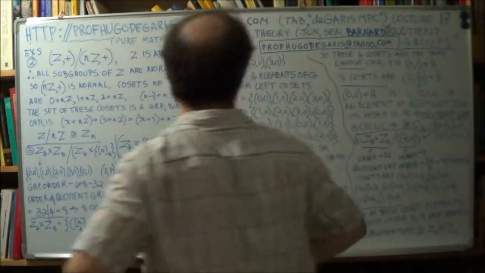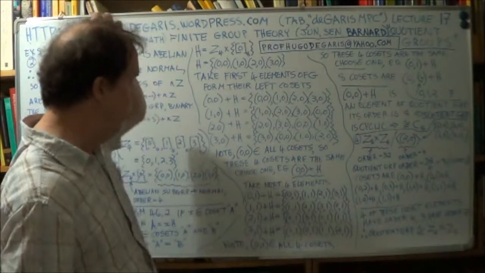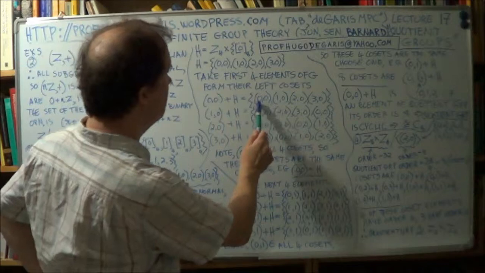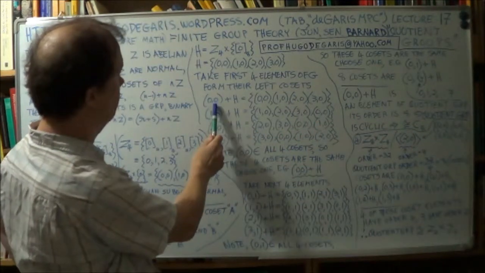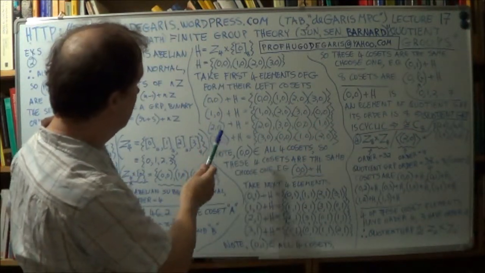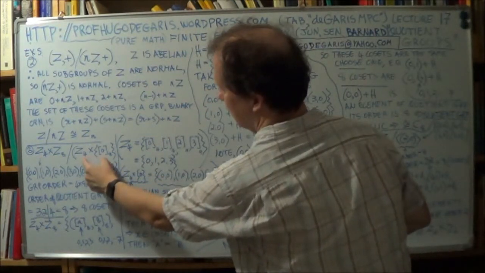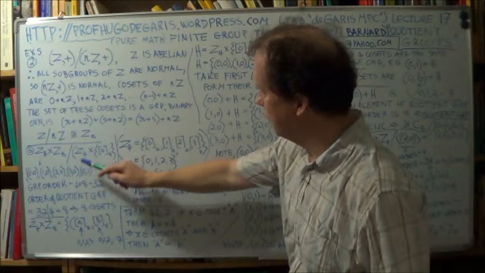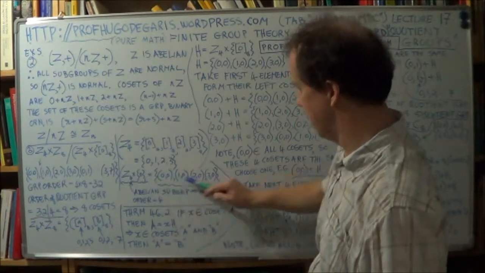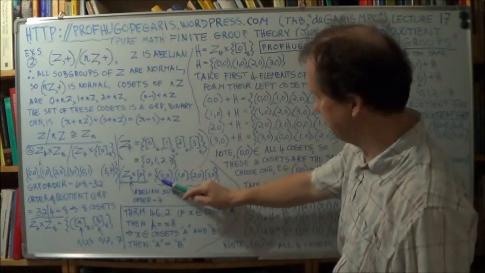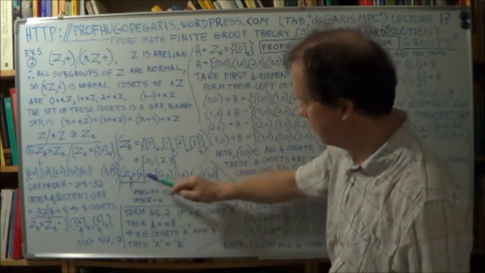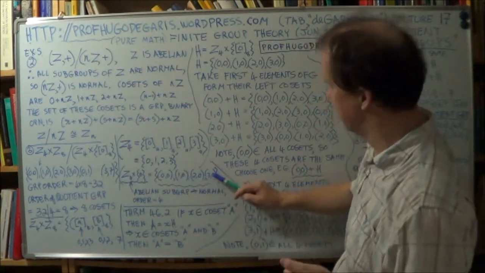All right. Now let's use that. Okay. Now look, here is a coset. It's the coset from this element. That's an element of this, right? What are the elements of this? Well, here, right? The four elements of this are (0,0), (1,0), (2,0), (3,0).